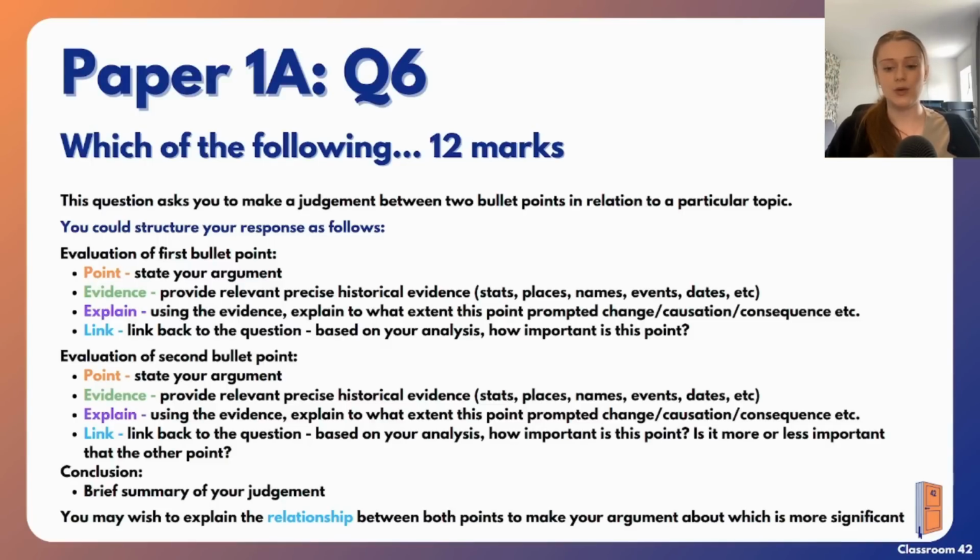And then you just need to do your conclusion. This will be a brief summary of your judgment, again just so the examiner is finishing and they know exactly what your judgment is, exactly what you're arguing, and they know you've come to a sustained judgment throughout your answer. As I mentioned, you may wish to explain the relationship between both points to make your argument about which is more significant.